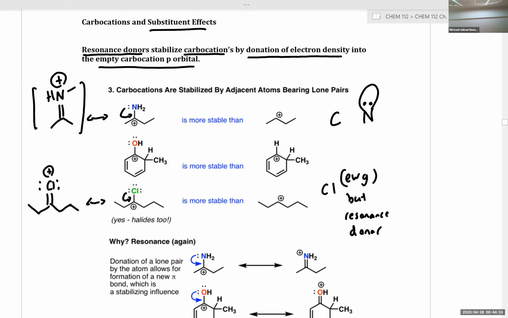So I always want you to keep in mind resonance effects have a pretty strong stabilizing effect on carbocations, and they even beat out inductive effects, right? Nitrogen's electron withdrawing, oxygen's electron withdrawing, but their resonance effects are far more important because via resonance, we're taking this positive charge and now spreading it out over multiple atoms.